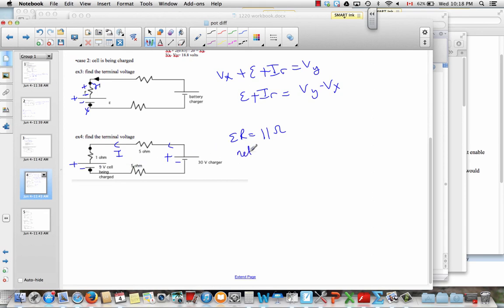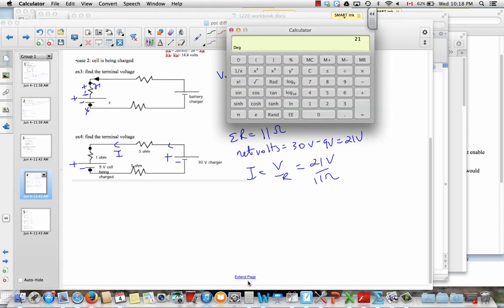The net volts, because they're opposite, we will subtract and get 21 net volts. So our current will just be V over R, 21 volts over 11 ohms. And that's 1.91 amps.